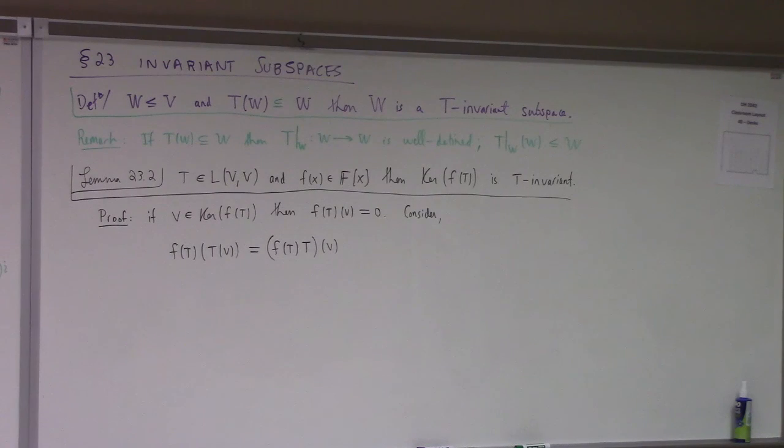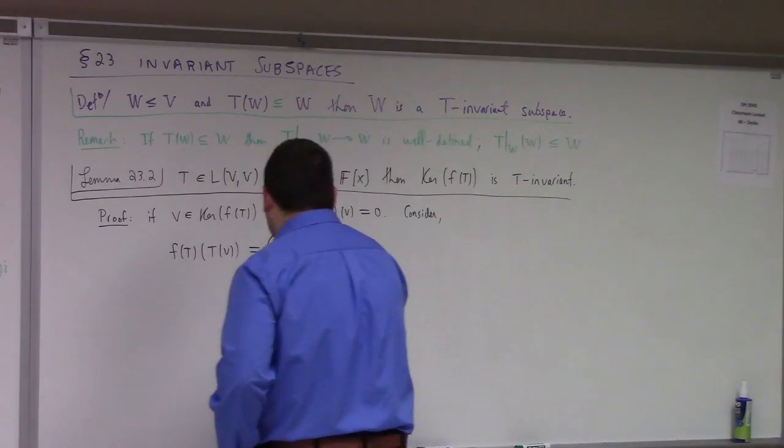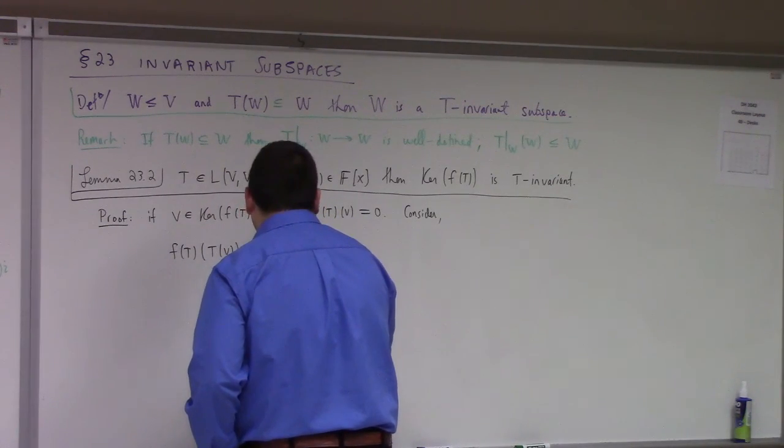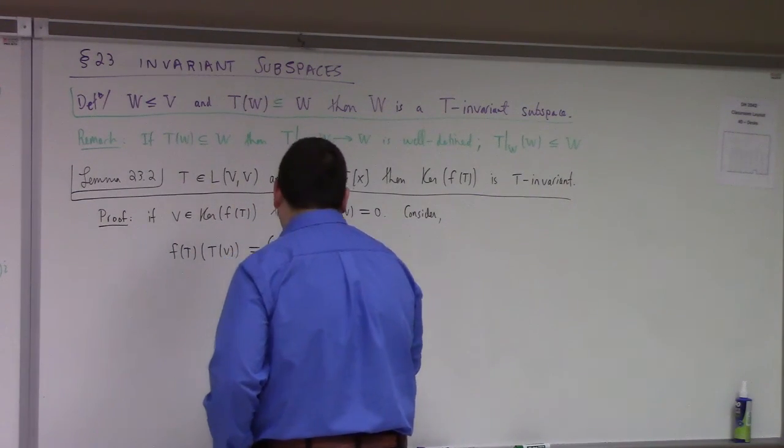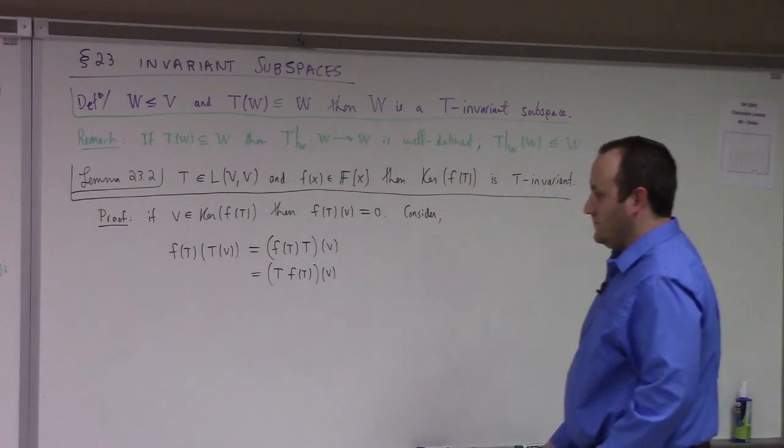But T, as a transformation, commutes with f(T), because f(T) is a polynomial in T. It's made of constants, and T, and then T squared, and then T cubed, and all of those different things commute with T. So you can switch the order of T and f(T).